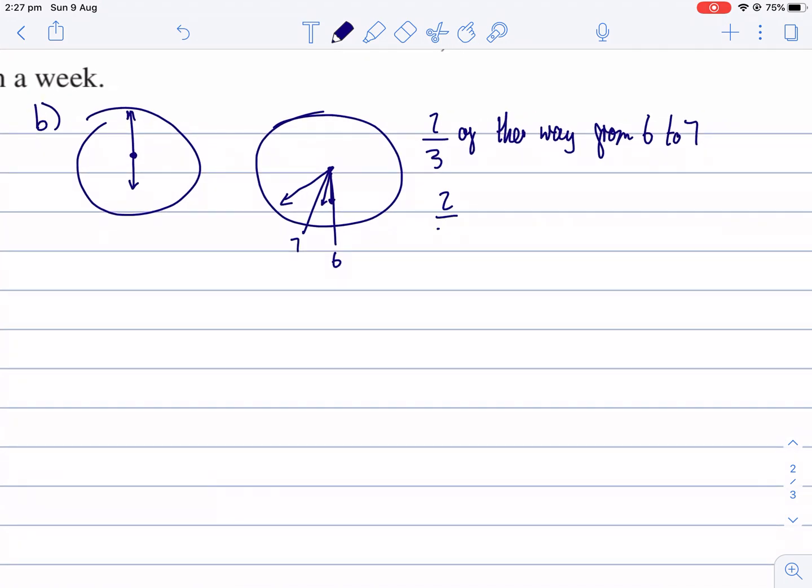So we've got 2/3 times, lots of. Now this is 1/12 of the way around the clock. So it's moved 20 degrees, which is 20 times pi on 180, pi on 9 radians.